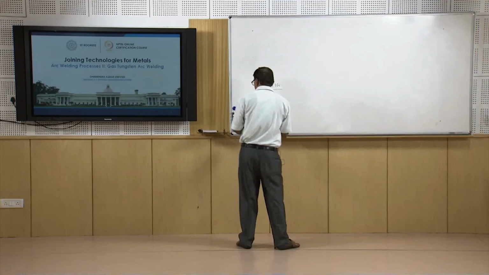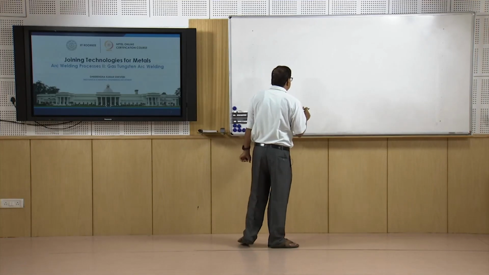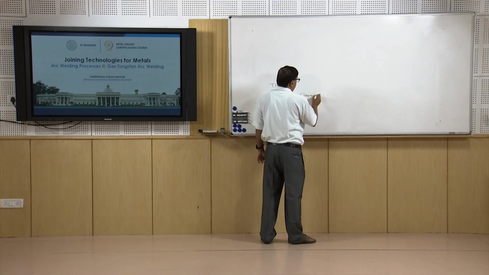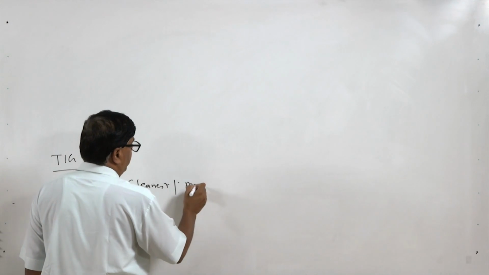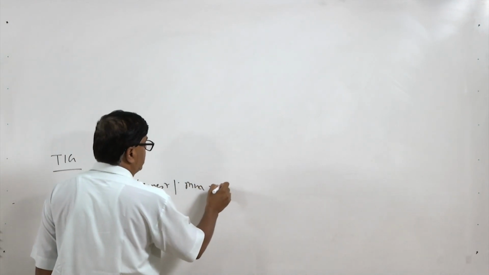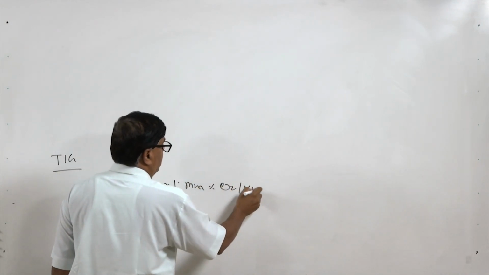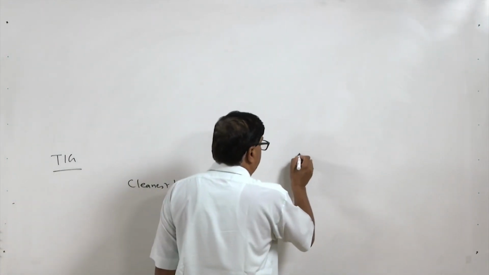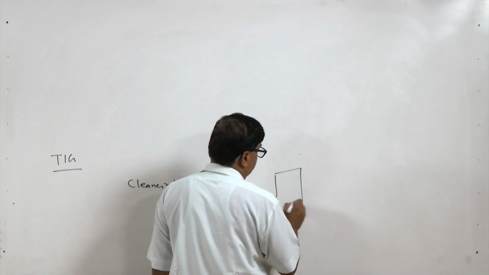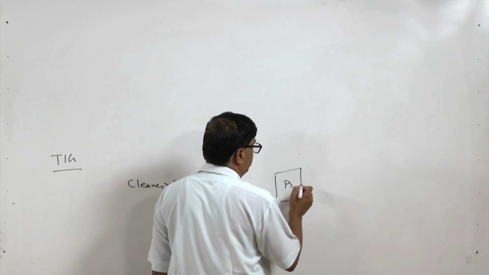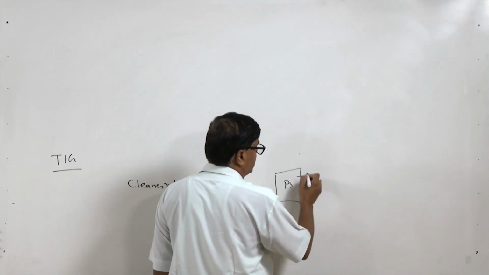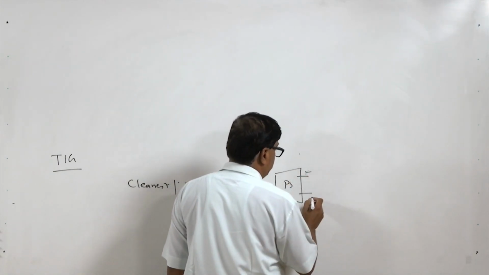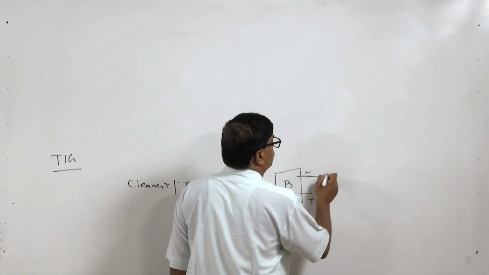Now I will talk about the reason why it offers the cleanest weld, meaning with the minimum percentage of oxygen and nitrogen in the weld. Here is the schematic of the system. We have a power source with positive and negative terminals. The negative terminal is connected to the electrode.